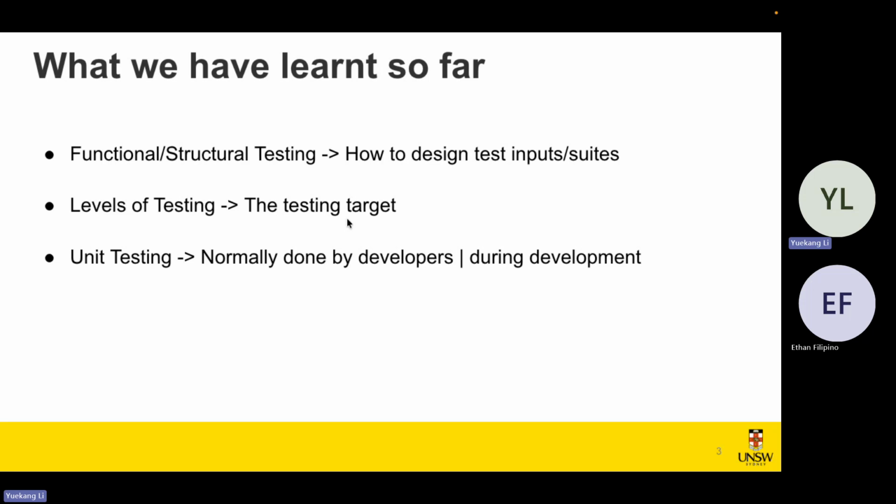Unit testing is normally done by the developers during development. For integration testing, the key is how we build different integrations. Because we have so many units, we can combine them in many different ways, but how we systematically extract the subsystem is the key for integration testing.